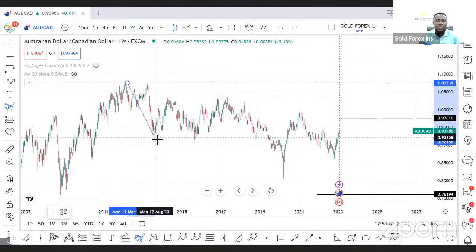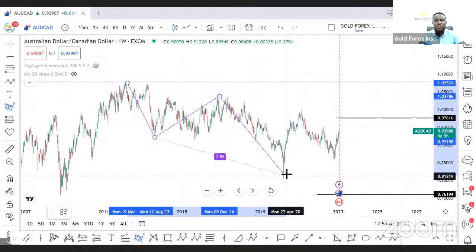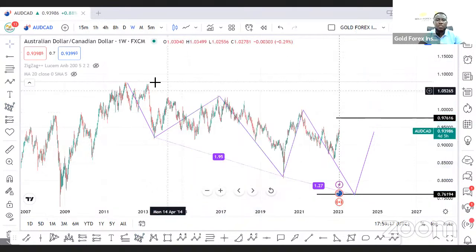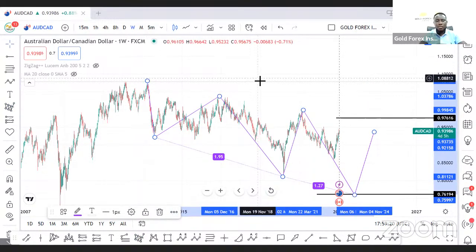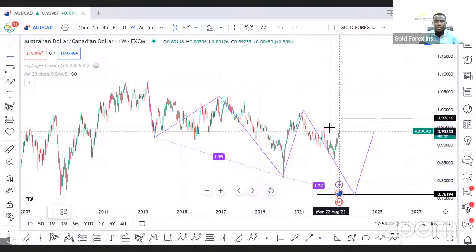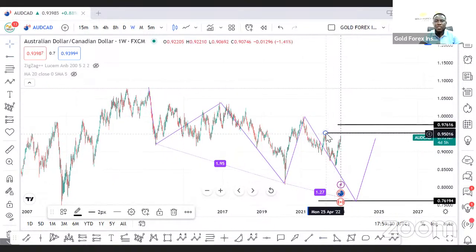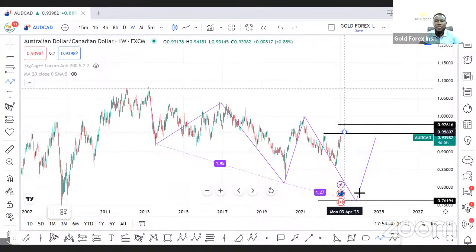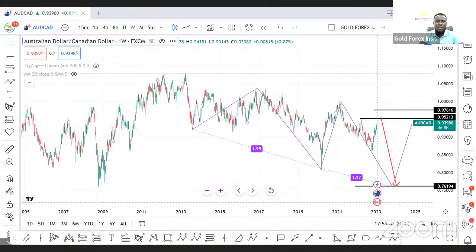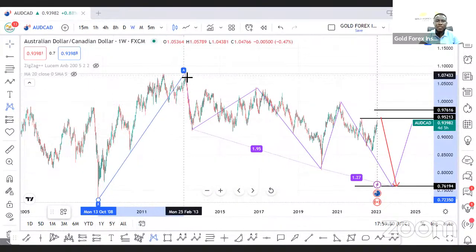So I'm expecting more or less like a three drive pattern formation. That means that here there should be, I'm expecting more or less like an equal high, and drop to complete this whole thing, so that the whole pattern becomes a pattern formation from here.